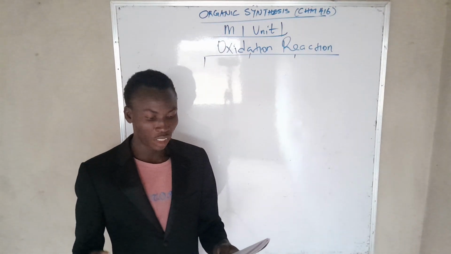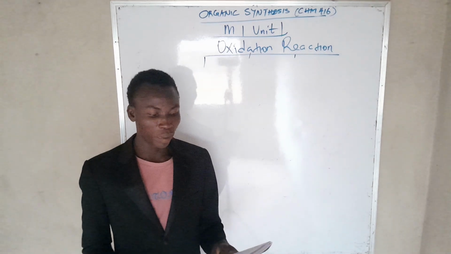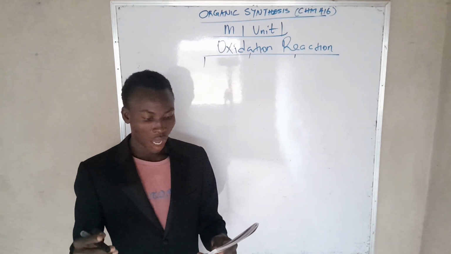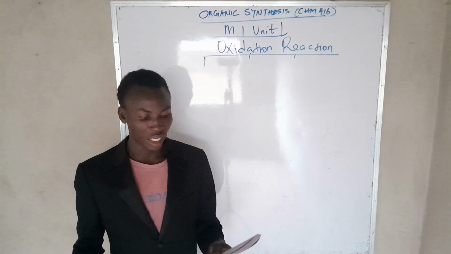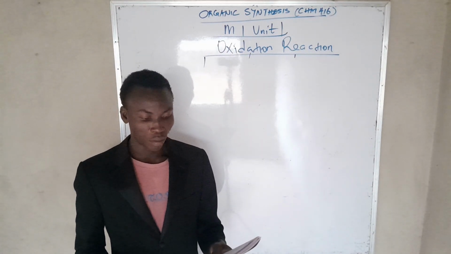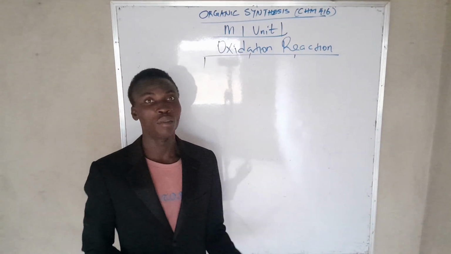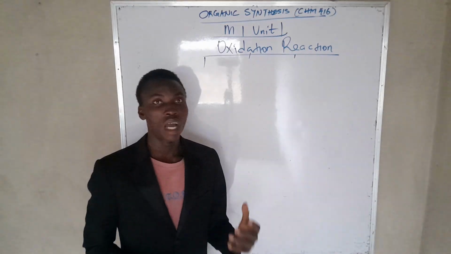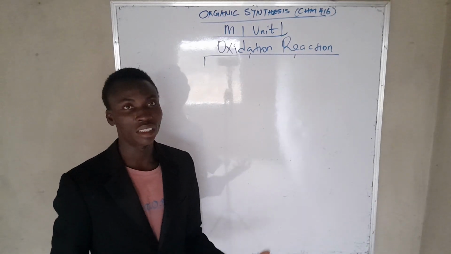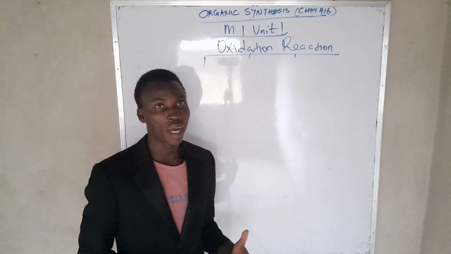Oxidation is broadly defined as either the removal of hydrogen or the replacement of a hydrogen atom attached to a carbon atom with another more electronegative element, most frequently oxygen. In a nutshell, you are removing the hydrogen atom from the carbon atom and attaching more electronegative elements, especially oxygen, to the compound.